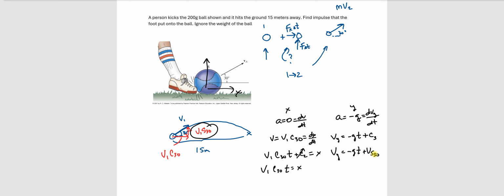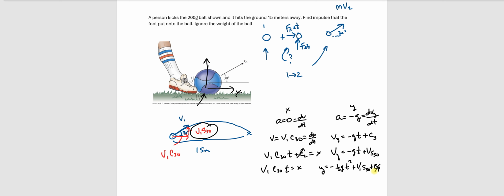Now keep in mind this is equal to dy dt. So that is going to integrate to y equals minus 1/2 gt squared plus V1 sine 30 t plus C4. Putting a coordinate system origin here knocks that over.